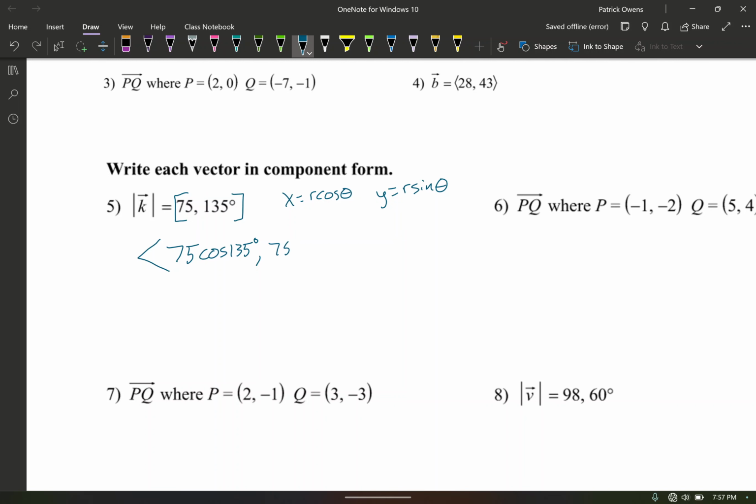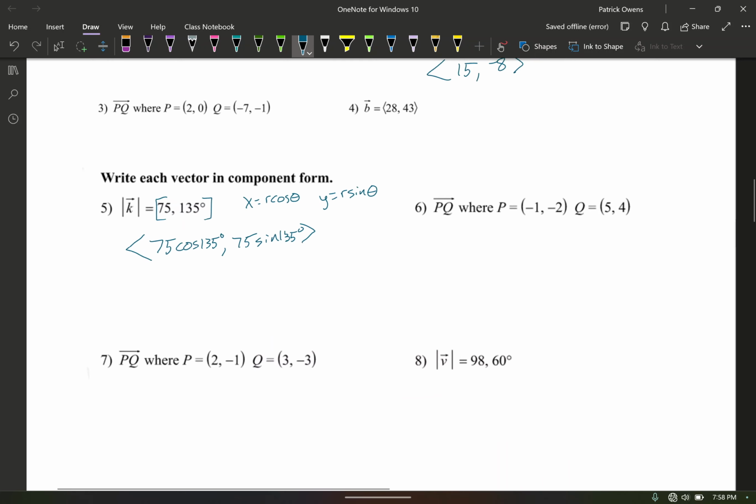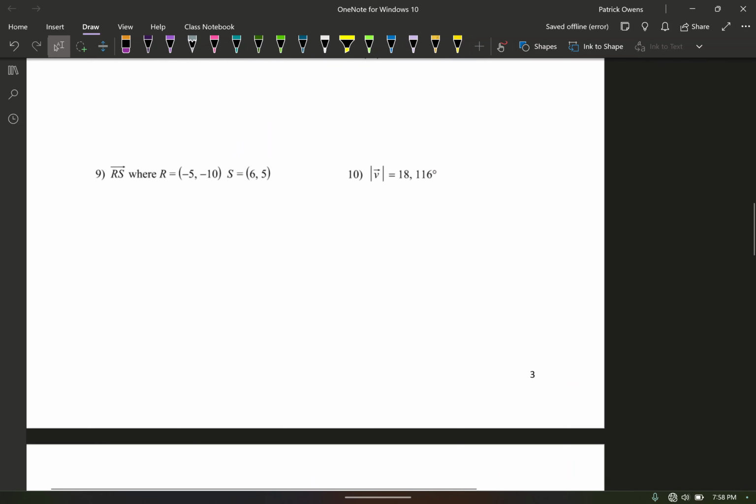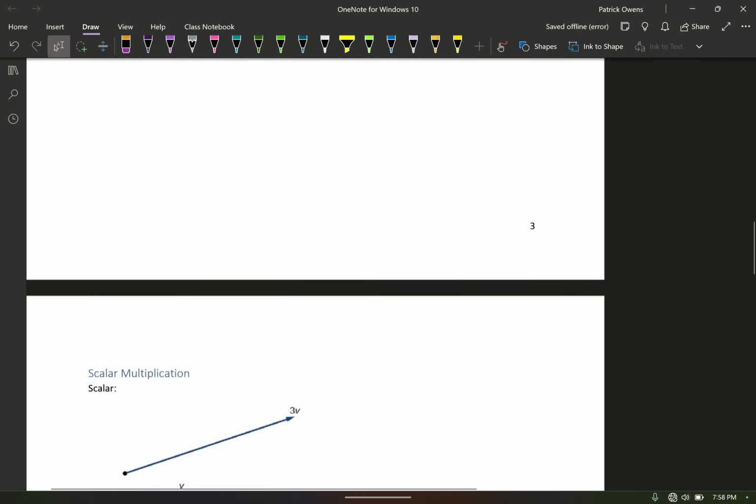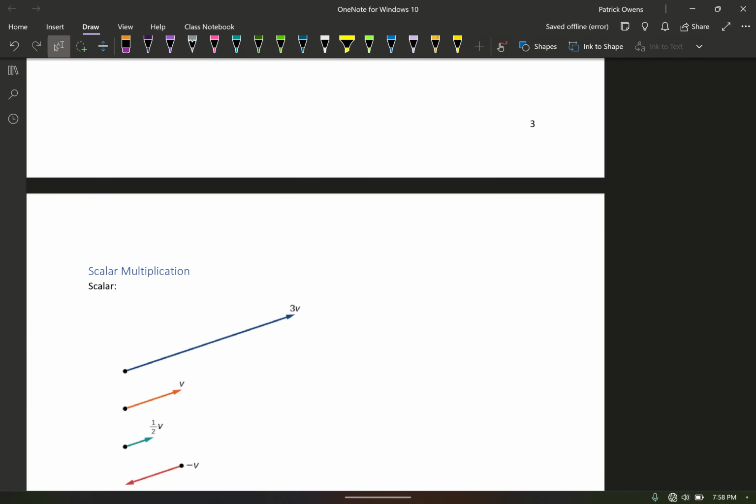Then we've got 75 sine theta, which is 135 for our y component. I do not have access to a calculator right this second, so you would put that in your calculator or Desmos to calculate the components. Why we care about this is going to be evident later in our application problems.